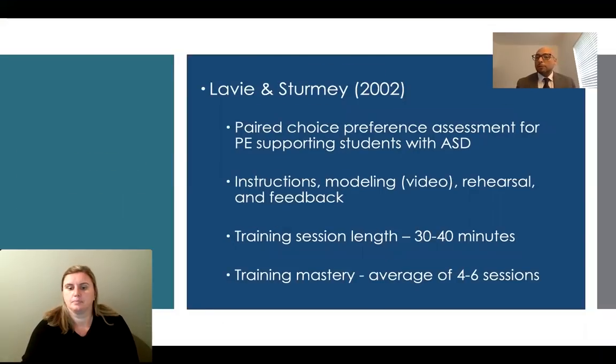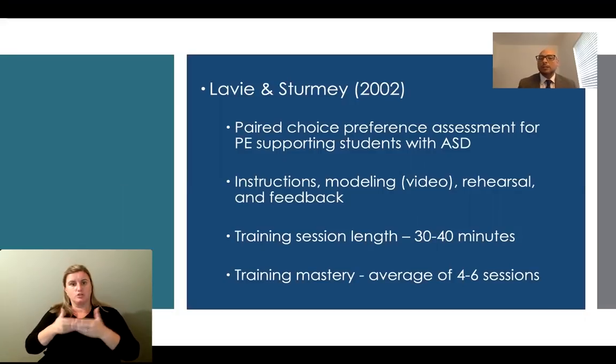Lavi and Sturmy in 2002 also successfully trained paraeducators to implement procedures associated with the delivery of multiple stimuli preference assessment without replacement. The paraeducators in this study also work with students with autism.